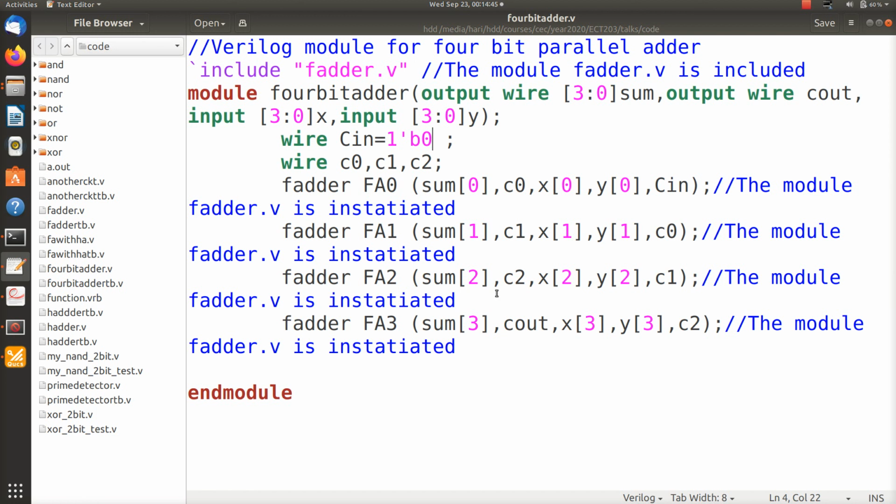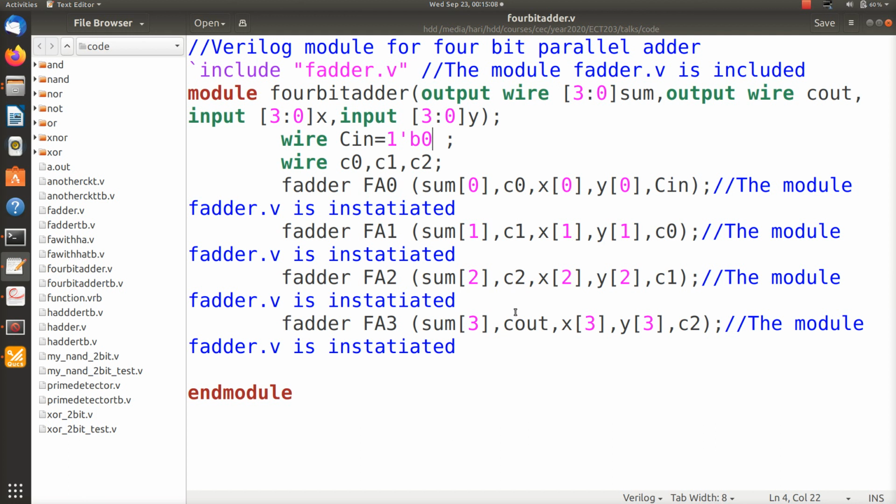Now this C1 goes into the next full adder, fadder fa2, say. It takes in the values x2, y2 and the previous carry C1, and produces the third bit, sum 2, and the outgoing carry C2.